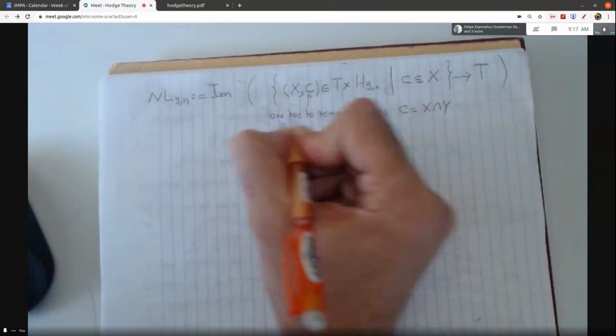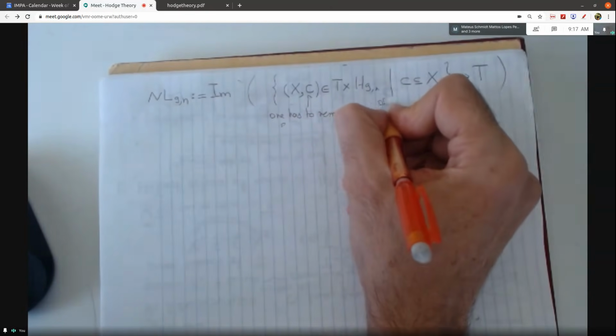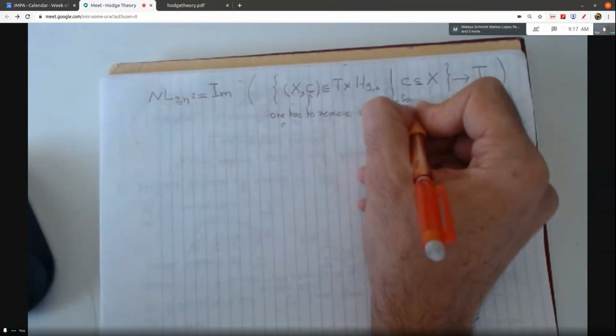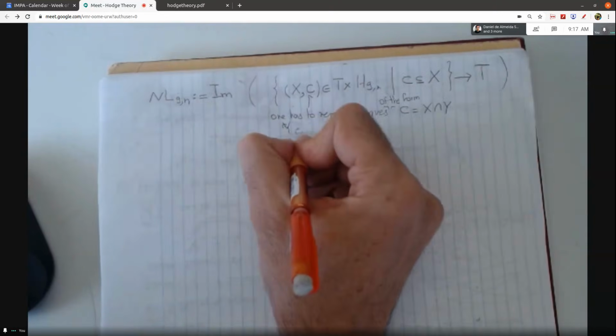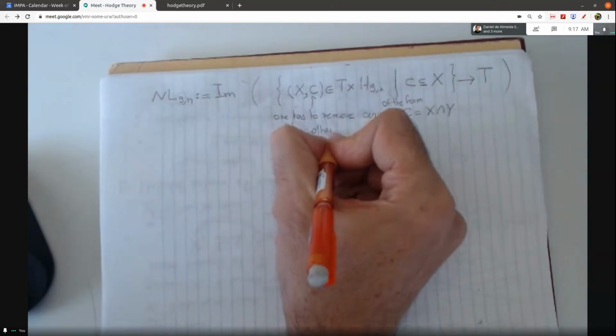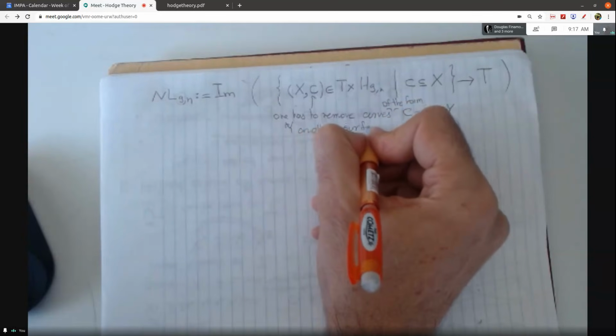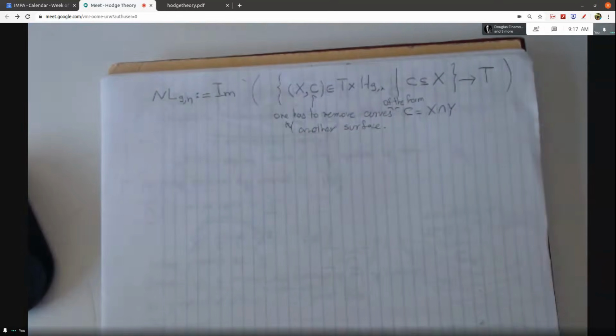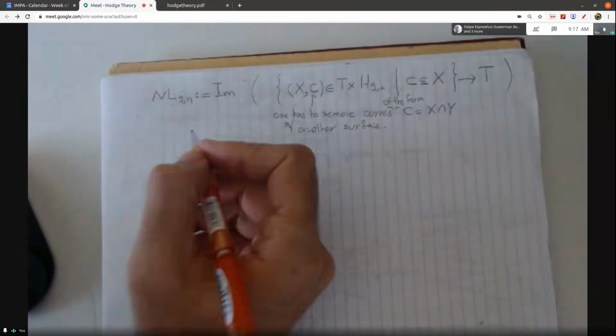Curves of the form X intersected with Y, another surface.